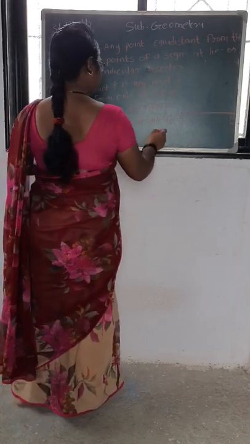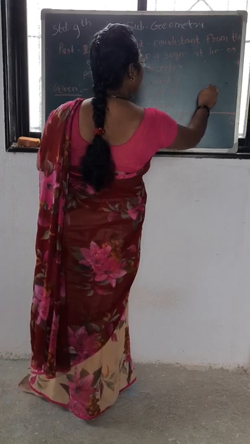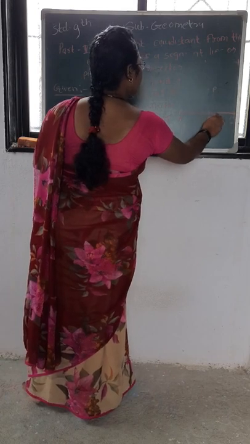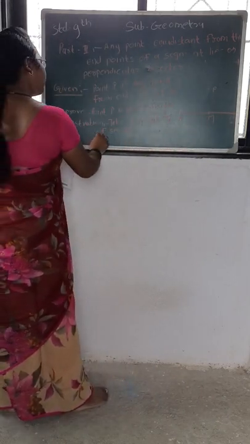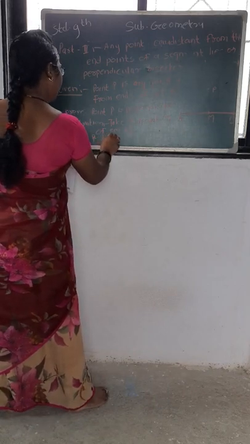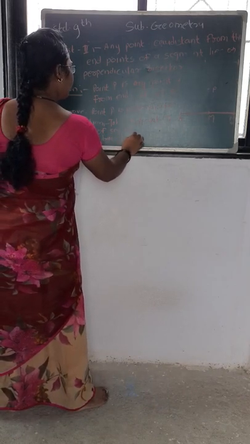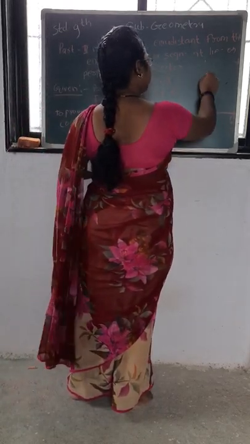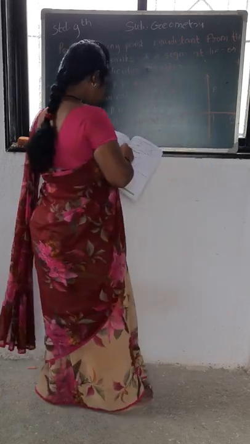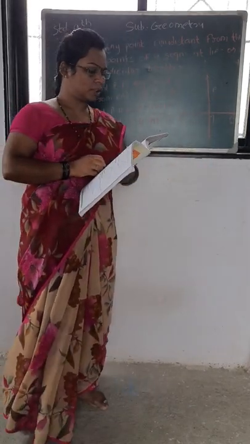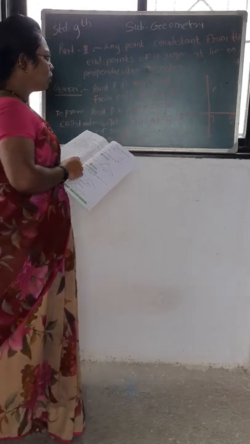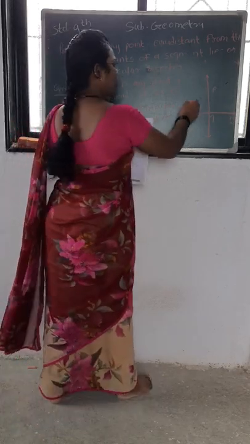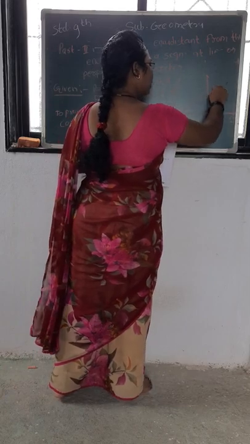We have first taken point P. Take midpoint M on segment AB and draw line PM. This is the construction. Next, the proof. Then join P and A, and P and B.